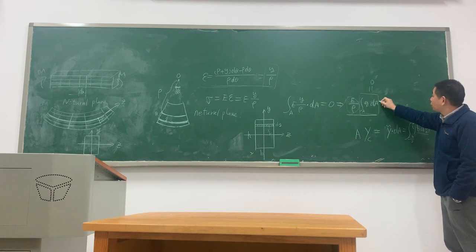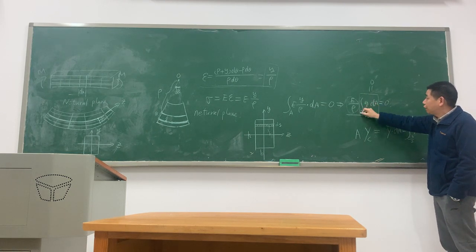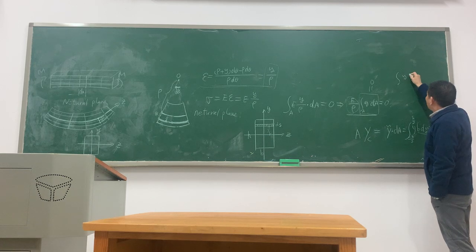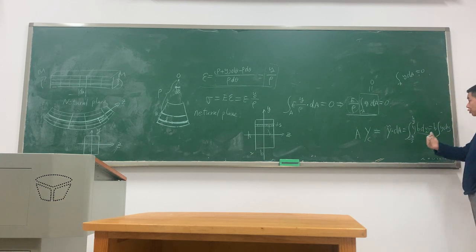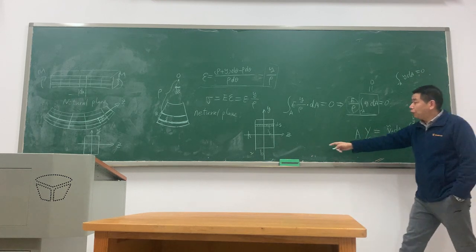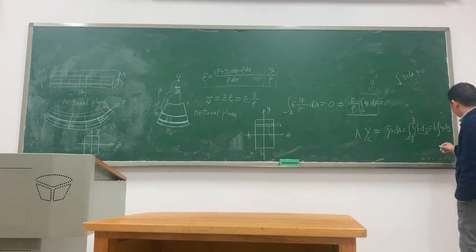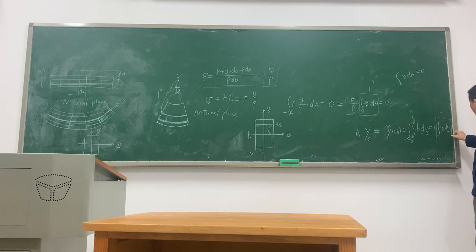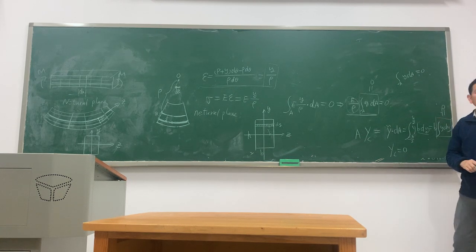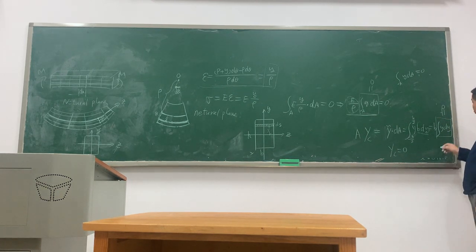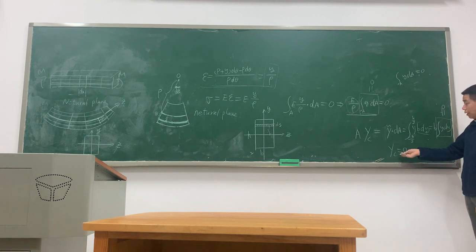Because from the equation we can get Y dA must equal 0, integration over the entire area. So because we know this part is 0, we know YC is 0. Yes or no? Yes. When this part is 0, YC is what?